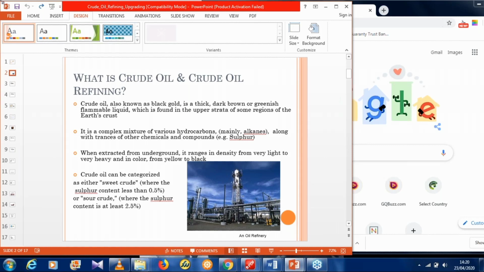Most of the hydrocarbons in crude oil are alkanes. I know many of us have a good background in organic chemistry, so we know the alkenes and the alkynes. Along with traces of other compounds, it's usually laden with other chemical compounds which are like impurities.